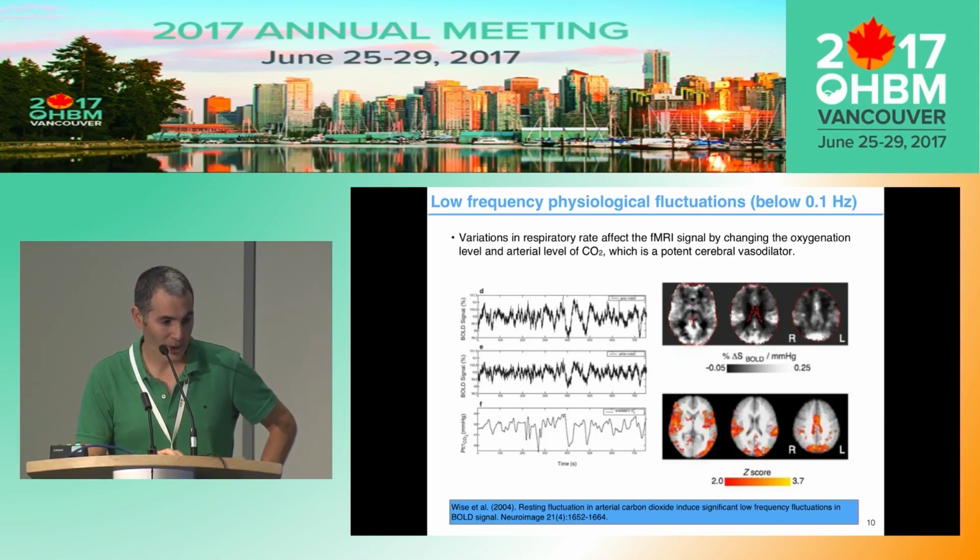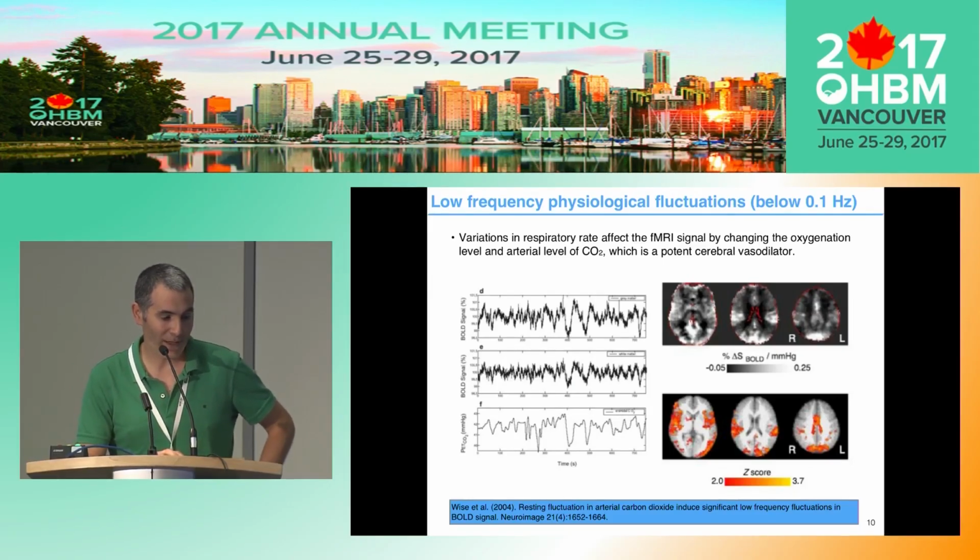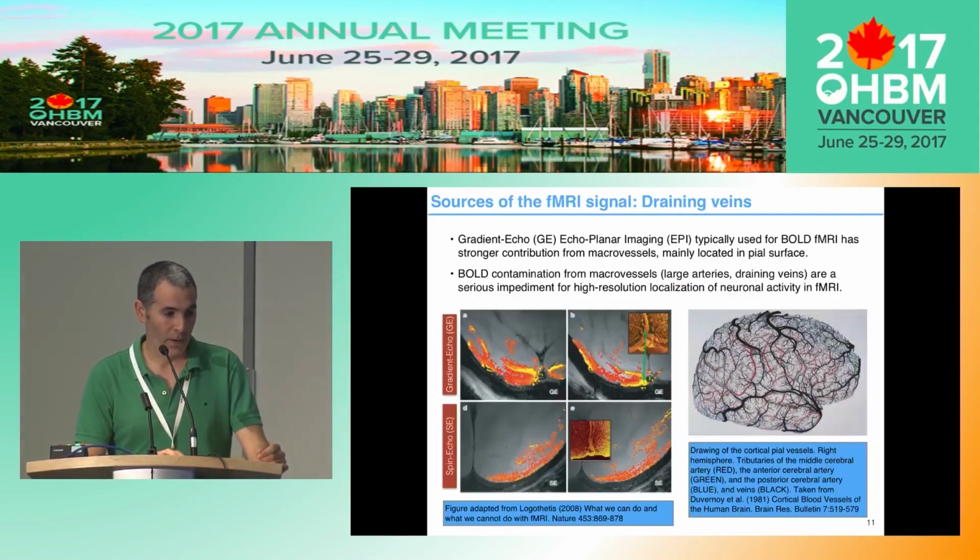So in this very clear example by Richard Weiss and colleagues, what you see is that changes in the tidal CO2 can explain a lot of variability in the signal that can be seen in the gray matter and the white matter voxels.